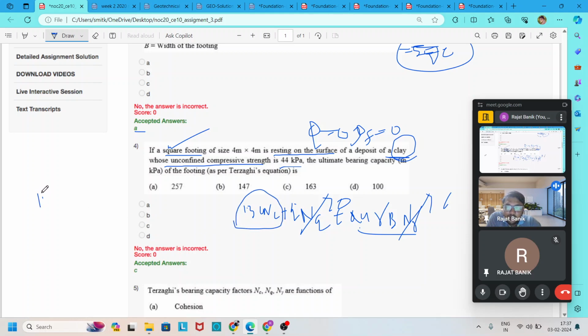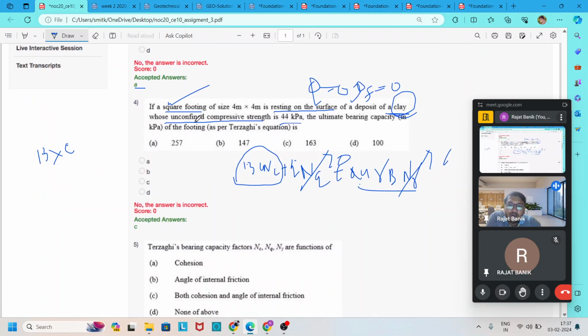Now we put in the values. The value of c is not directly given, but it is said that the unconfined compressive strength is 44. We know that cohesion c is equal to half of the unconfined compressive strength, so 44 divided by 2 becomes 22.